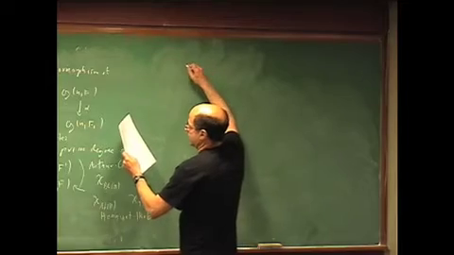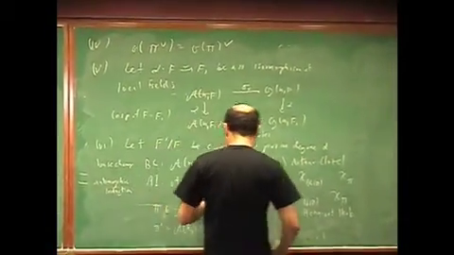And then we have, so let's suppose we have pi in A(n, F) and pi prime in A(n, F prime).